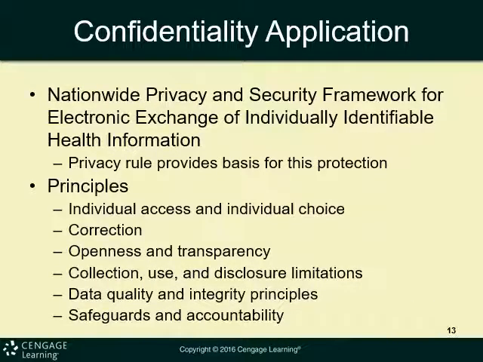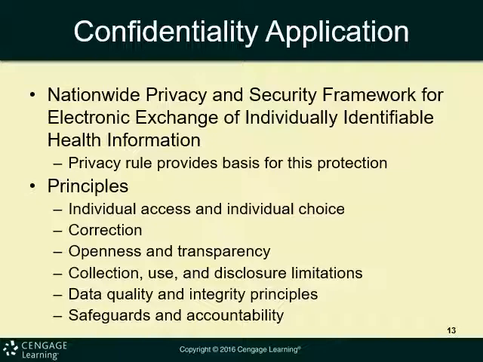The HIPAA privacy rule does not stop with protection of the patient record per se, but forms the basis for protections related to electronic health information exchanges. The nationwide privacy and security framework for electronic exchange of individually identifiable health information, issued by the U.S. Department of Health and Human Services, addresses privacy and security challenges related to these exchanges.